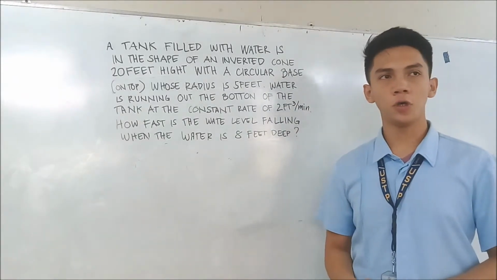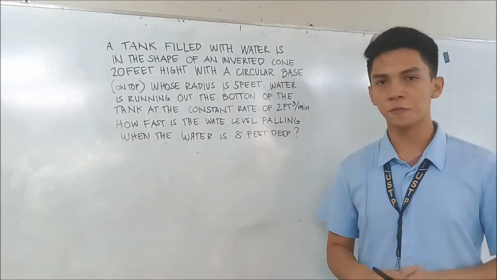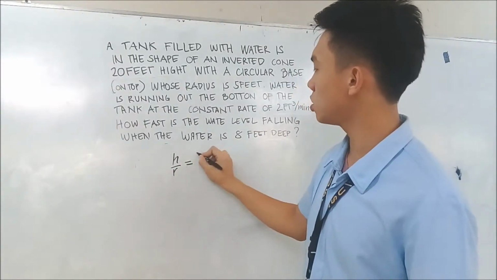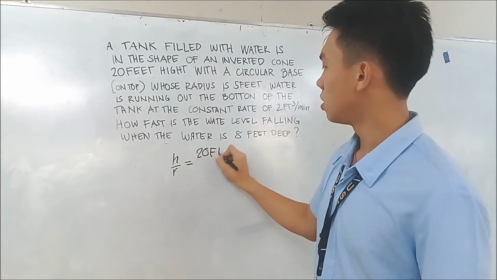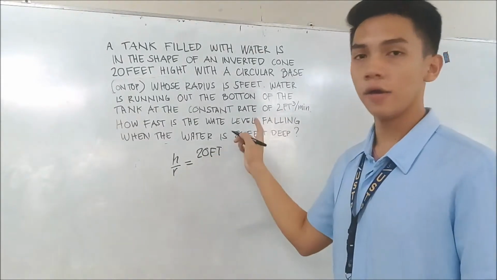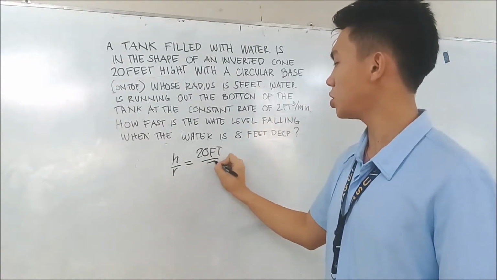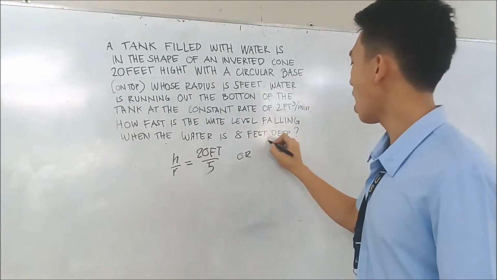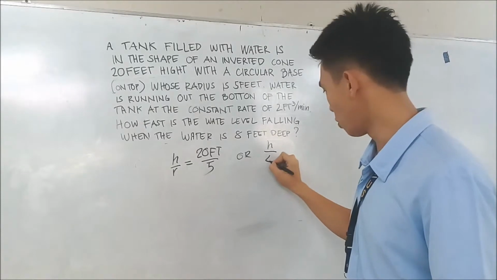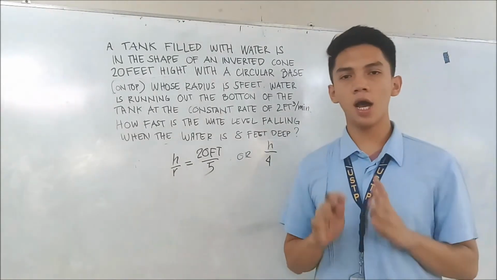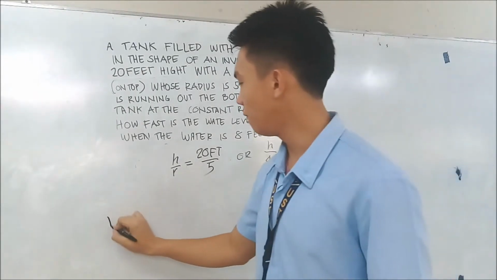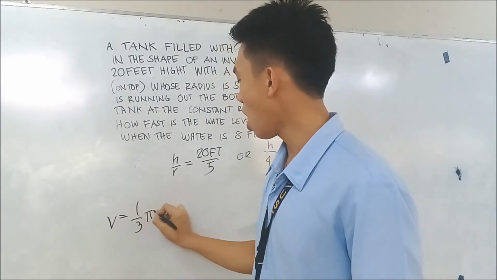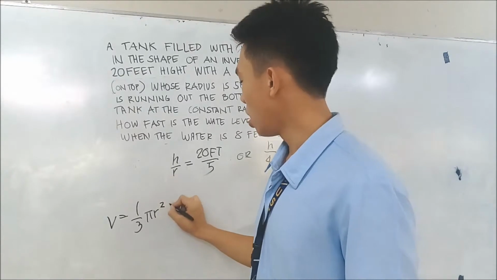We must use first the height over r is equal to 20 feet given, and the radius is 5 feet, or simply height over 4. By the given formula, V equals 1/3 pi r squared h.